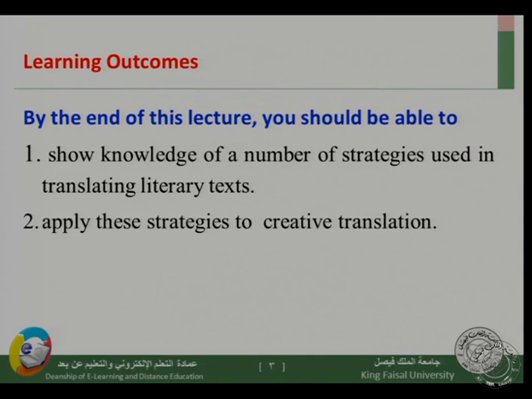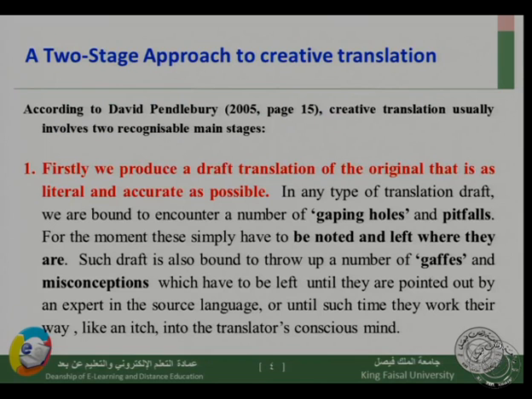You should be able to show knowledge of a number of strategies used in translating literary texts, and be able to apply these strategies when you are doing any creative translation. So you need to ask yourself by the end of the lecture, can I do that? Can I explain what I have studied today? These are just guidelines for you to follow when you are learning something.